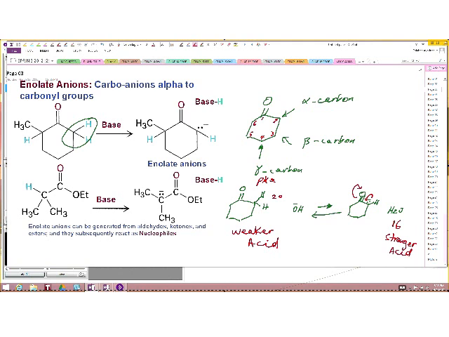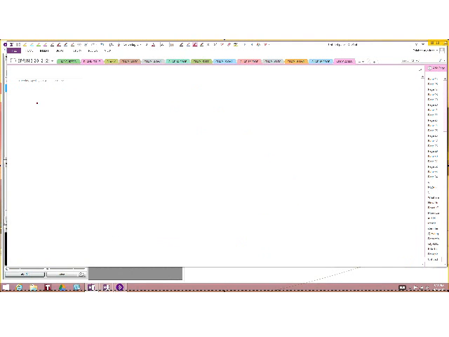Now, on the other hand, if we want to draw this equilibrium out to the right, we use a stronger base. So, for example, using the same molecule here, if we use this base, we call LDA, this is LDA.